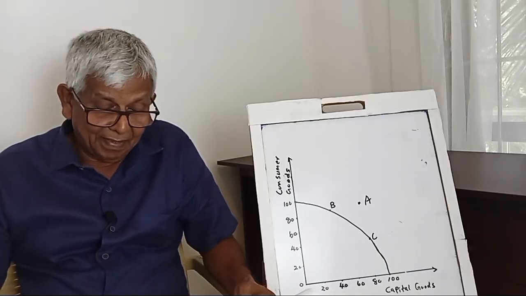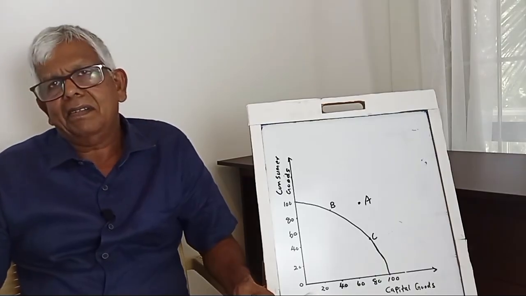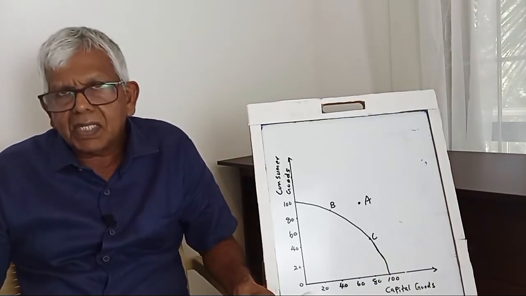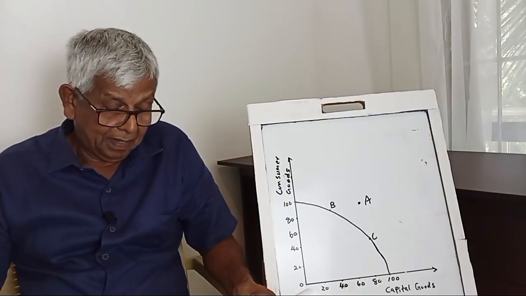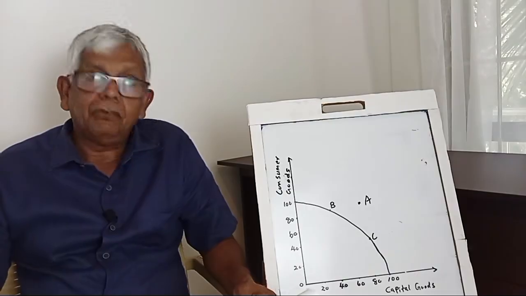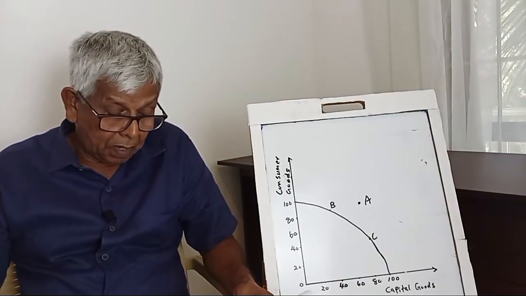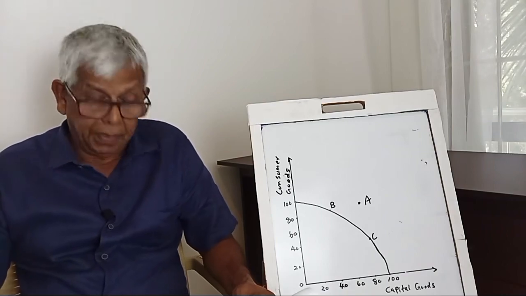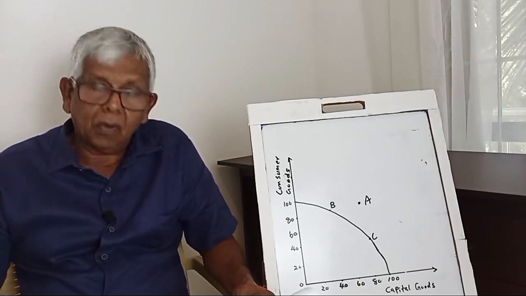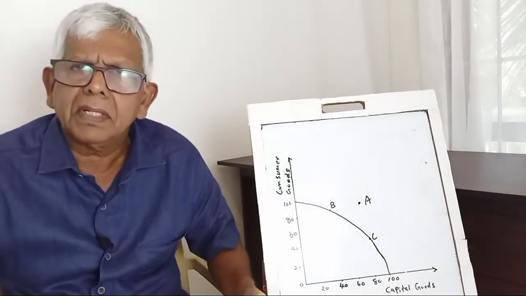This is called the production function. Third one, determine for whom these goods and services are produced. This is called the distribution function.